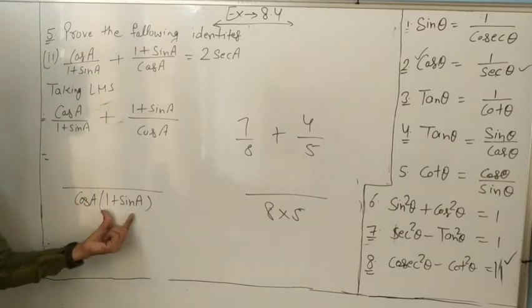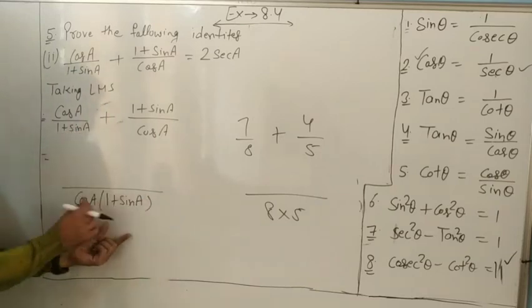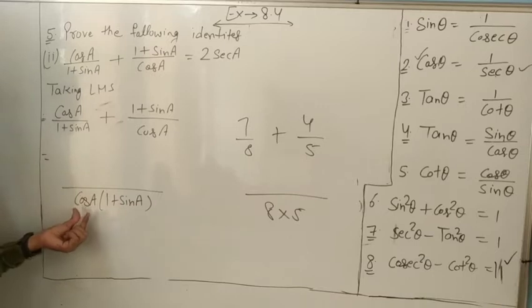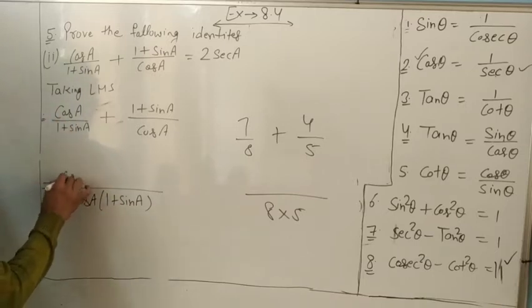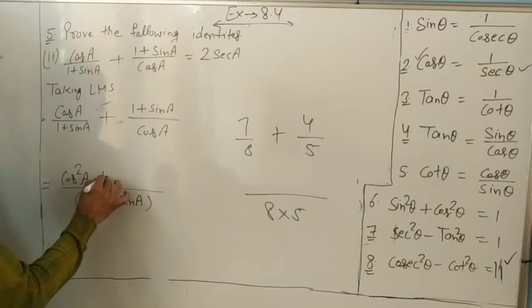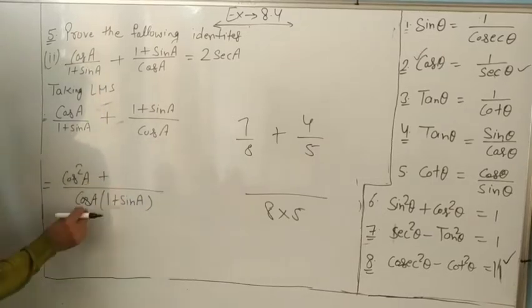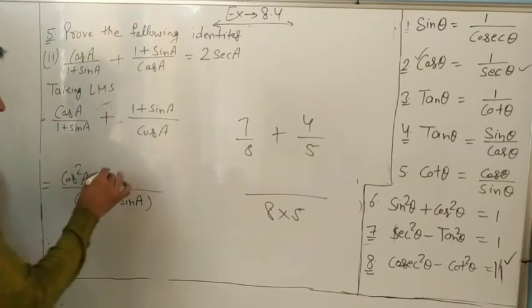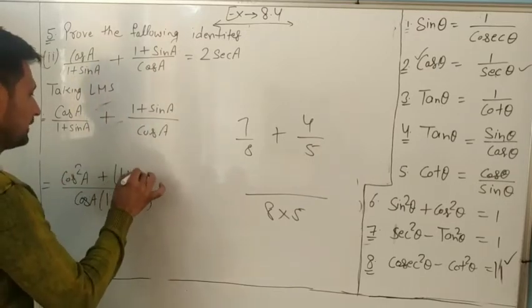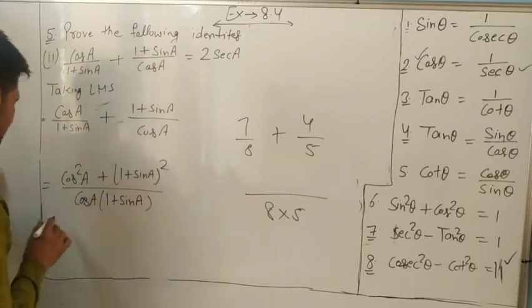Cos A into 1 plus sin A divided by 1 plus sin A cancels, so what remains? Cos A into cos A, cos square A, plus cos A into 1 plus sin A divided by cos A. Cos A cancels cos A, and what remains is 1 plus sin A whole square.